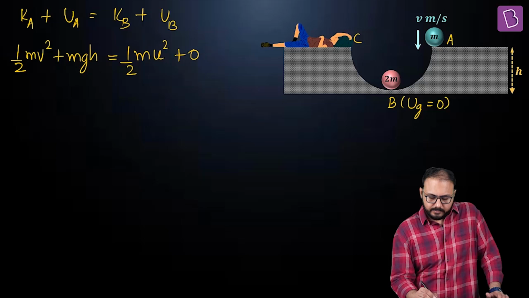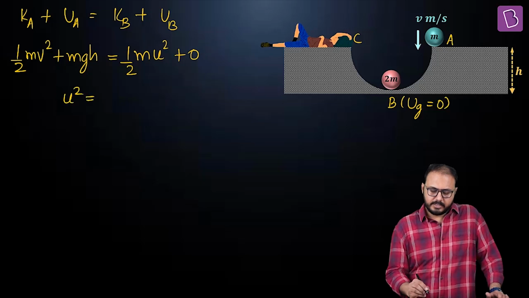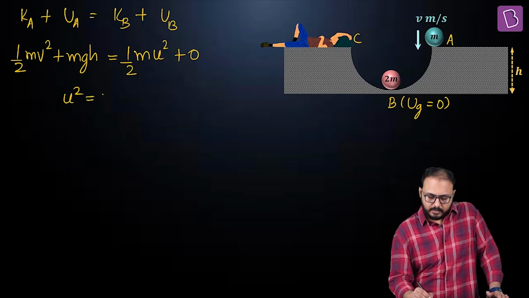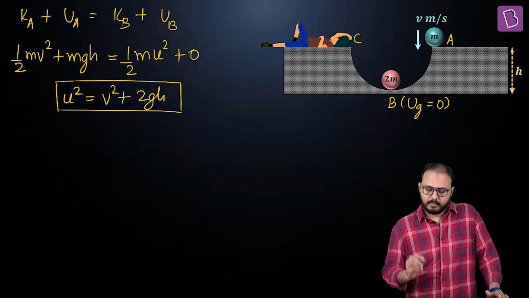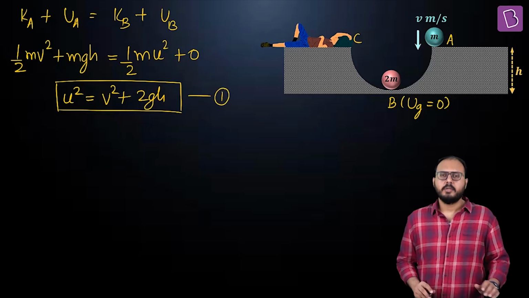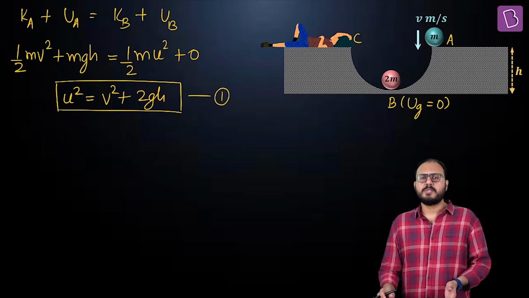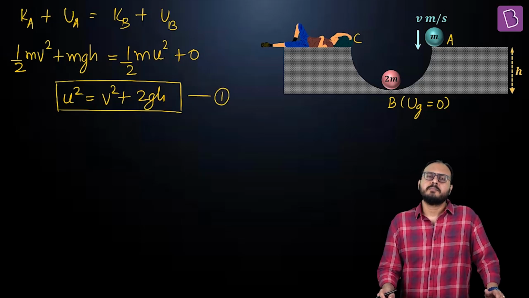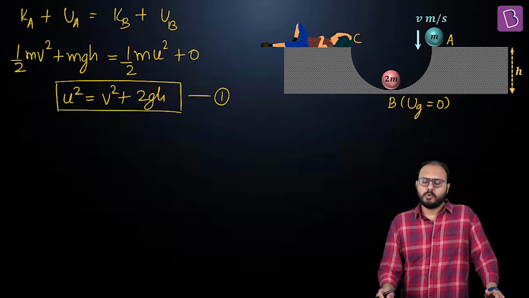So u square is equal to v square plus 2gh. Any question whatsoever? So what is u? Under root v square plus 2gh. So far, is there a problem?